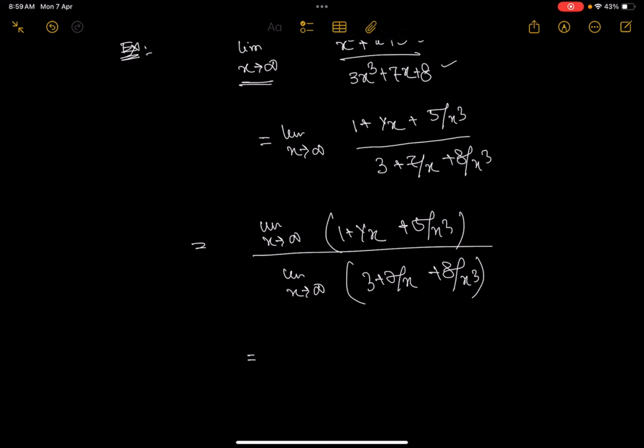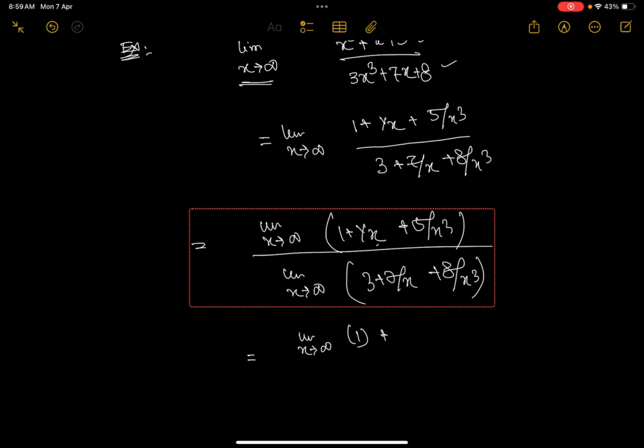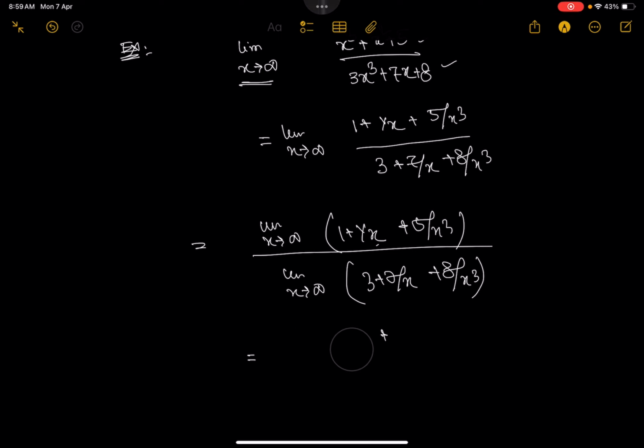For that case, 1 by infinity goes to 0, 5 by infinity goes to 0. Limit x tends to infinity, the numerator goes to 1.